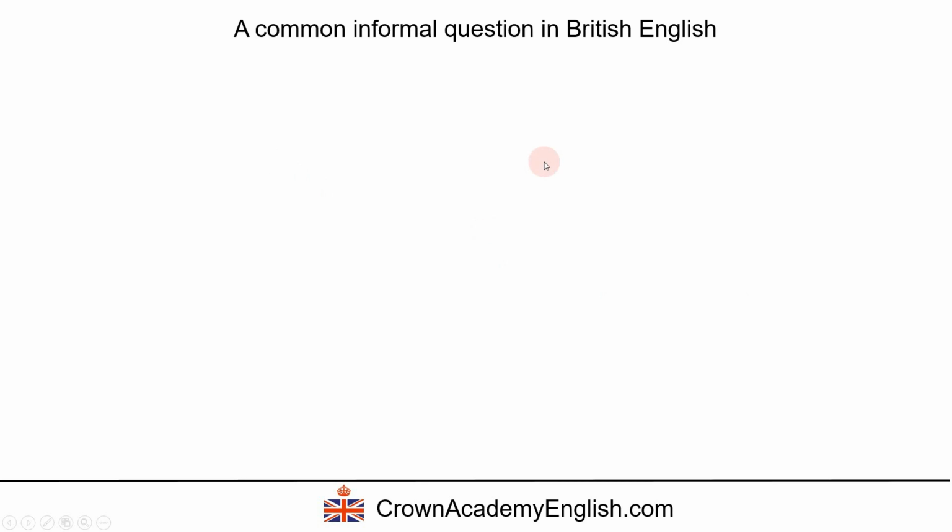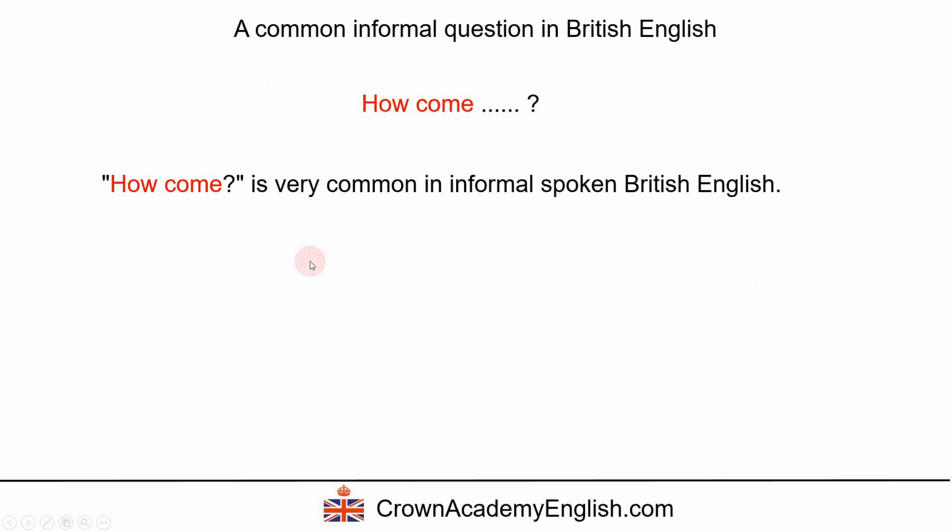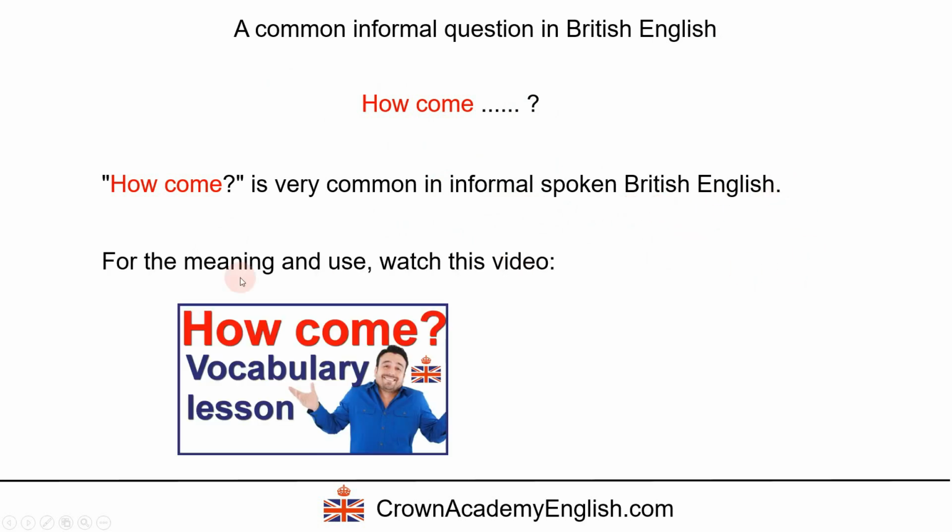And finally, remember I told you there is a common informal question in British English. Well, the question is, how come? It's a very common question in informal spoken British English. The Americans don't really use this question, and it's a different subject.